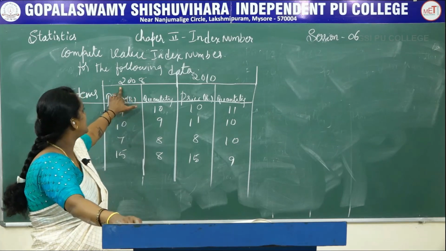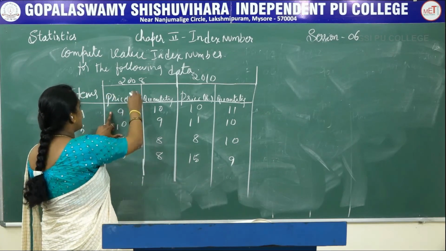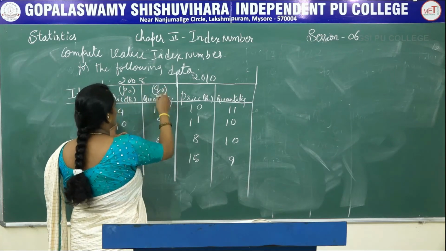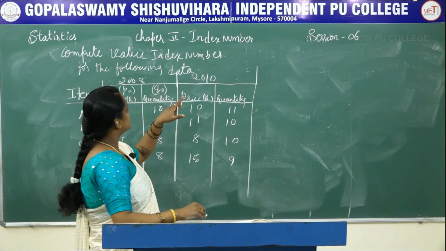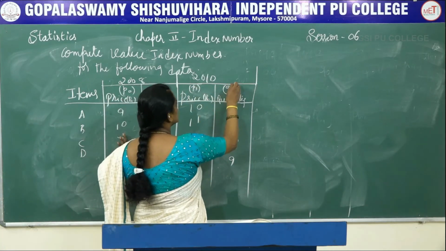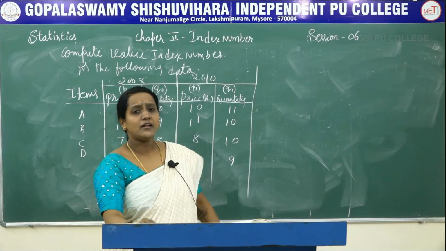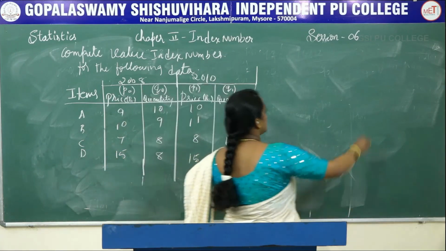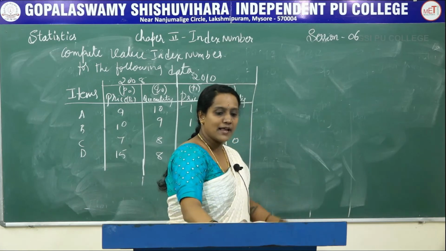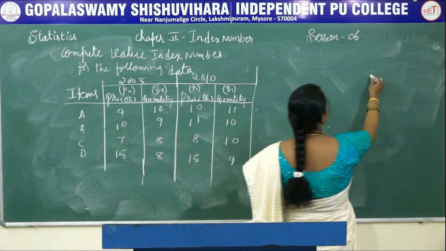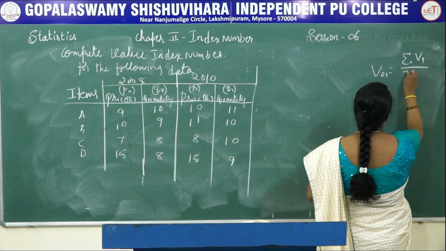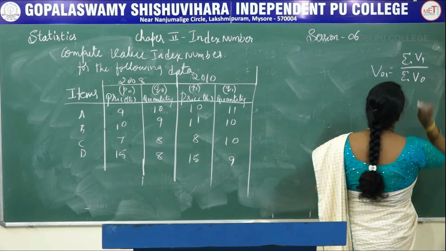Under 2008, the price is base year price, that is P0, and quantity is Q0. Under 2010, it is the current year, so this is P1 and Q1. To find the value index number, it is summation of V1 by summation of V0.